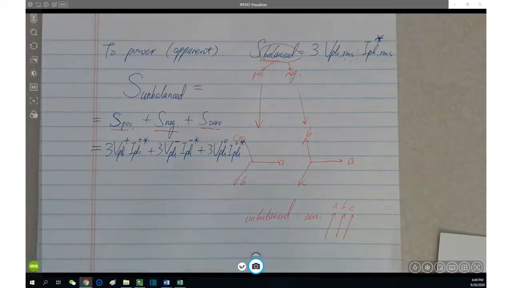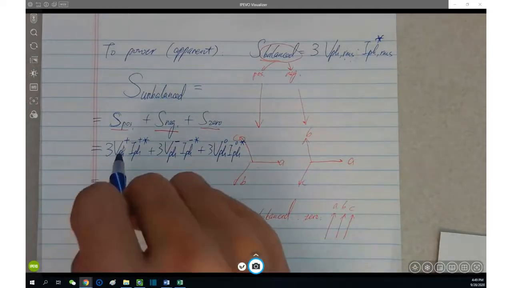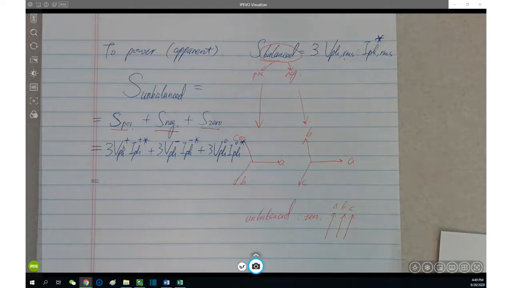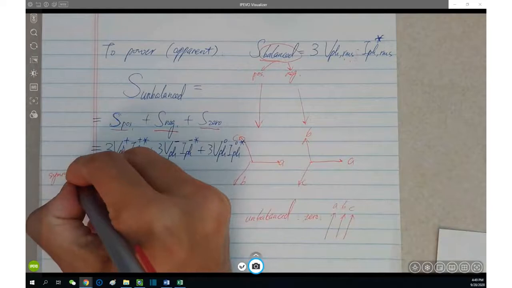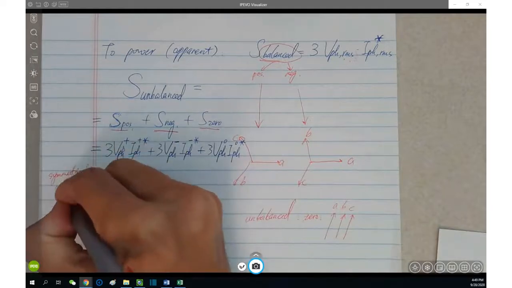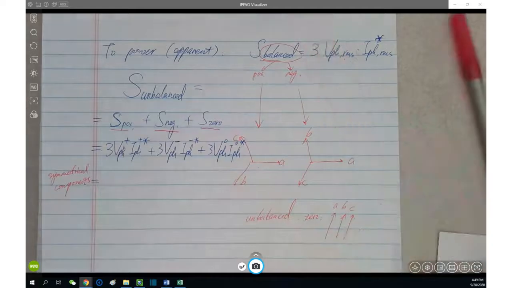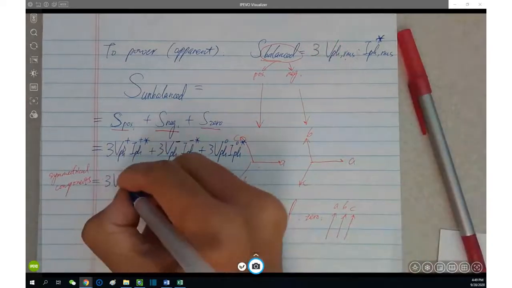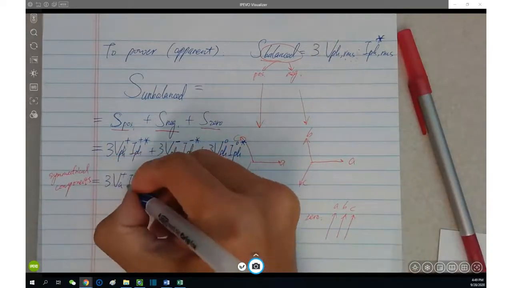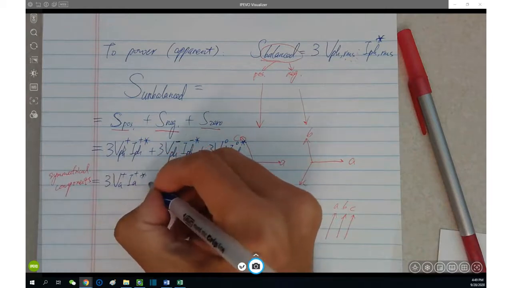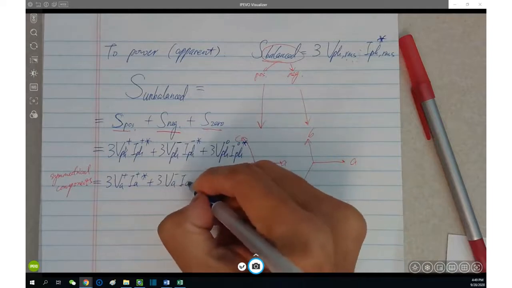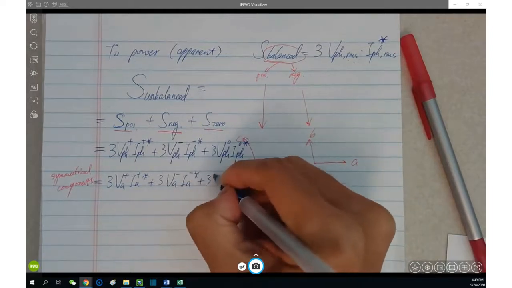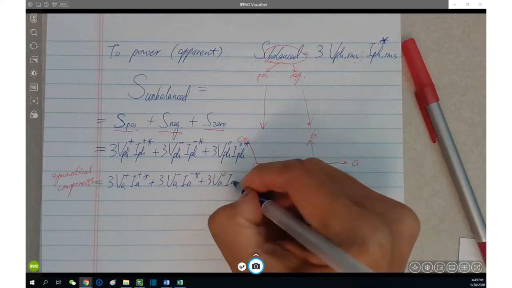Does it make sense? And then what is phase voltage? What is phase current? Very easy. We choose the symmetrical components, right? 3 VA plus IA plus conjugate, plus 3 VA minus IA minus conjugate, plus 3 VA0 IA0 conjugate.